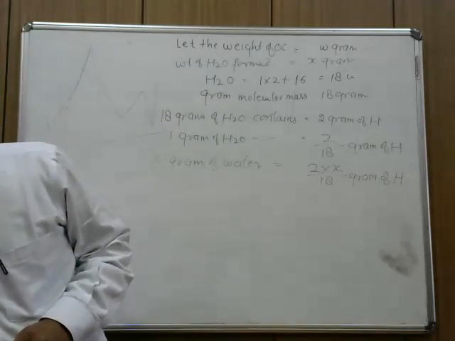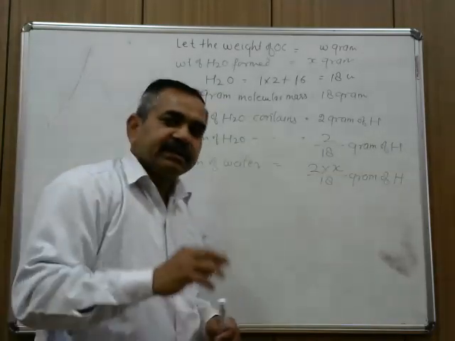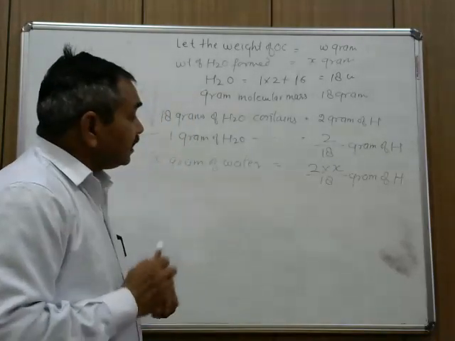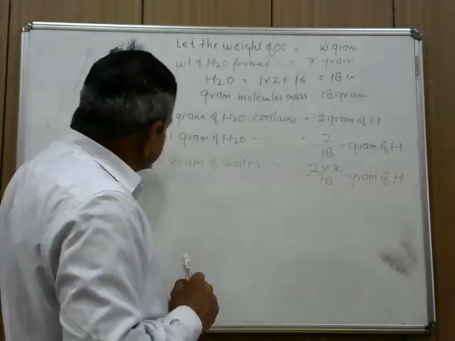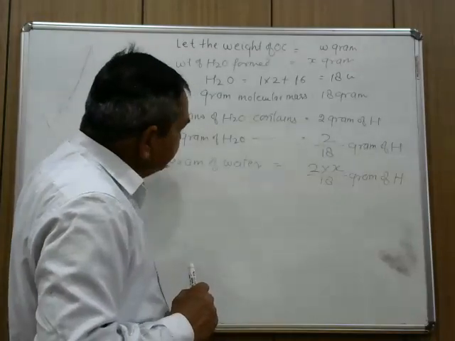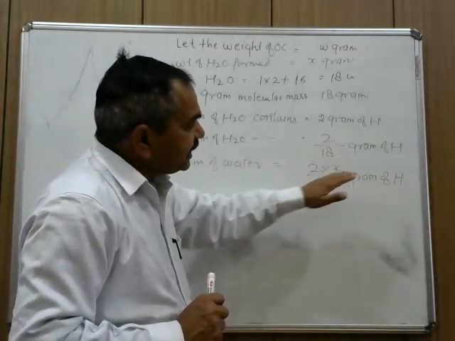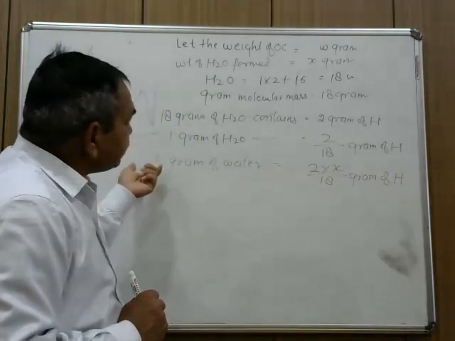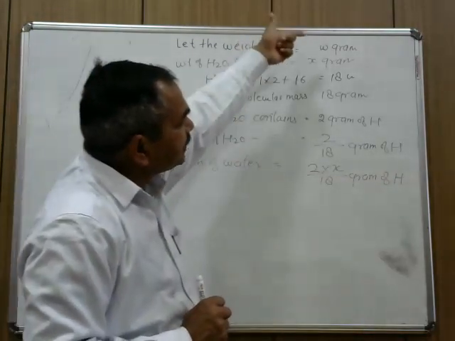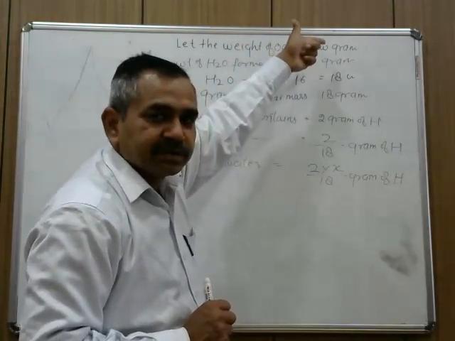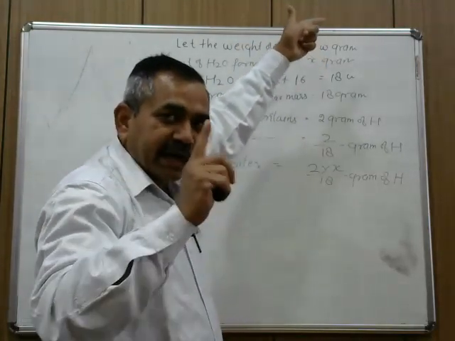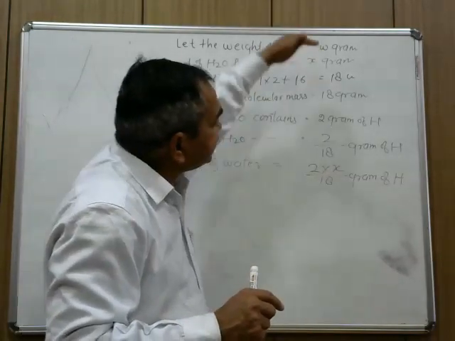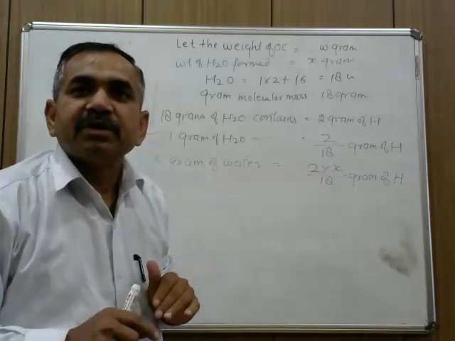So X was the weight of water which is formed at the end of the experiment, and this X gram of water contains 2 into X upon 18 grams of hydrogen, and this X gram of water is obtained from the W gram of organic compound. So actually this is the amount of hydrogen which is present in W grams of organic compound.